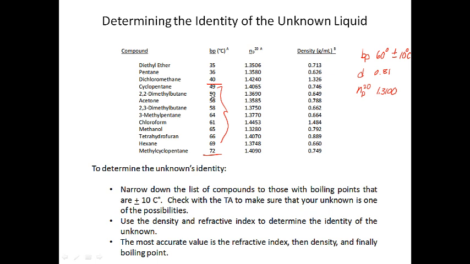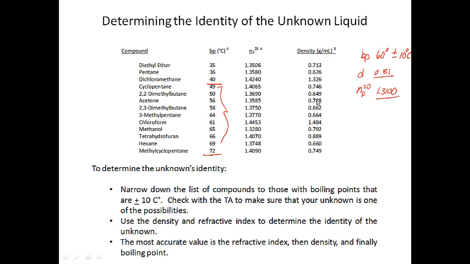So the next thing I'd do then is I'd use a combination of density and refractive index. And in theory, the refractive index is the most accurate measurement. Particularly if you have a liquid that evaporates very quickly, your density may not be perfect. So if I'm looking for something with a density of 0.81 and a refractive index of 1.31, the way I would do this is I would look at density.